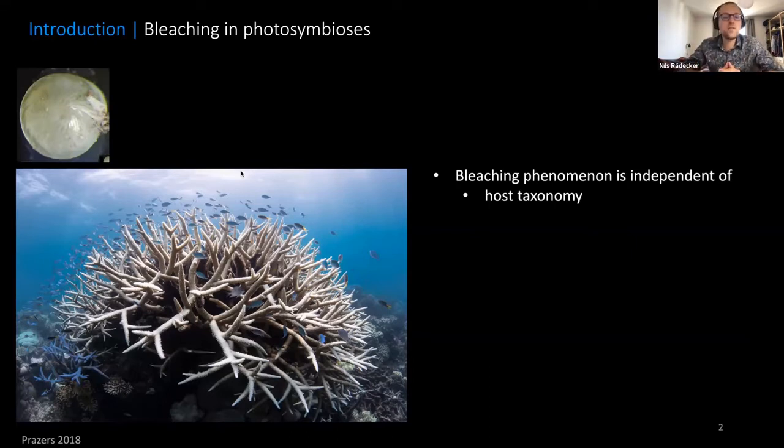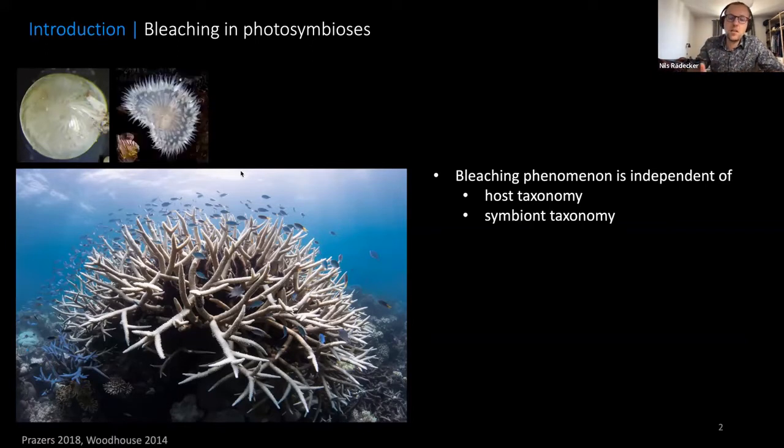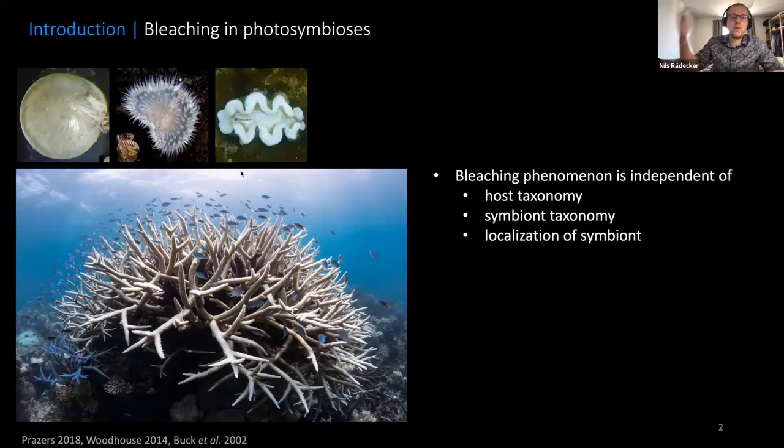We see it in all kinds of symbiosis, regardless of host taxonomy, and the same applies to symbiont taxonomy. Even more interesting is that when we look at where these symbionts are actually located, for example, inside the cell, on top of the cell, completely outside of the animal, well, there seems to be no conserved pattern, and regardless of where these symbionts are located, bleaching still happens across all these symbioses.